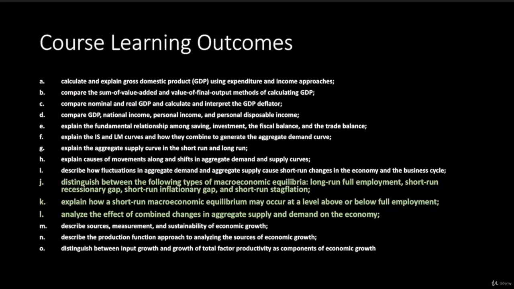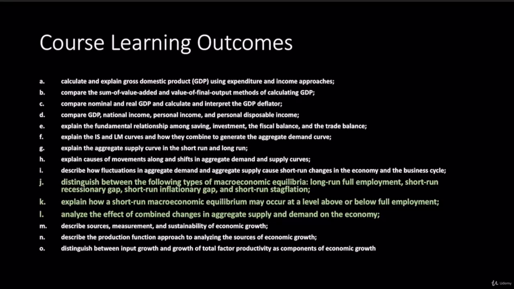We got the IS-LM curves, which created equilibriums, which allowed us to derive an aggregate demand curve. We then saw an aggregate supply curve, short run and long run, and how the equilibrium of the aggregate demand and aggregate supply curves indicates what price levels are commensurate with output levels. So we have this big picture now.